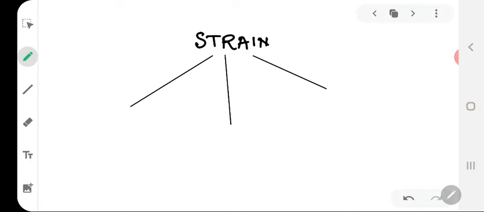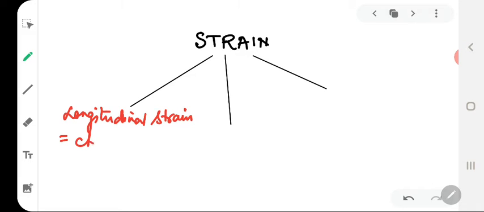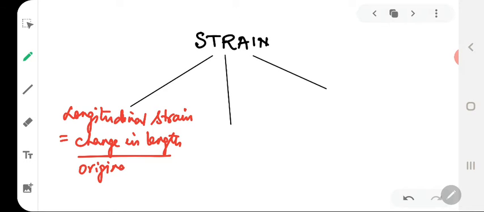So we can talk about longitudinal strain, that is equal to change in length divided by original length.